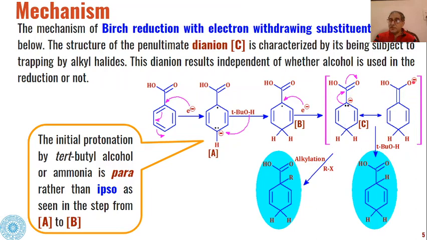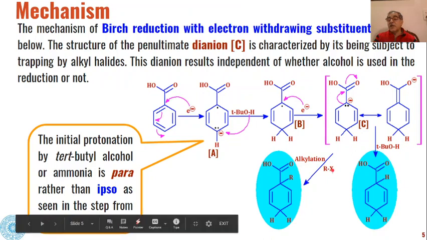So what will happen is this will move to this position, and this carbon having a negative charge will act as a nucleophile, and this nucleophile will attack the carbon of the alkyl halide, and the halogen will be eliminated, and we will get the alkylation product in case of Birch reduction.